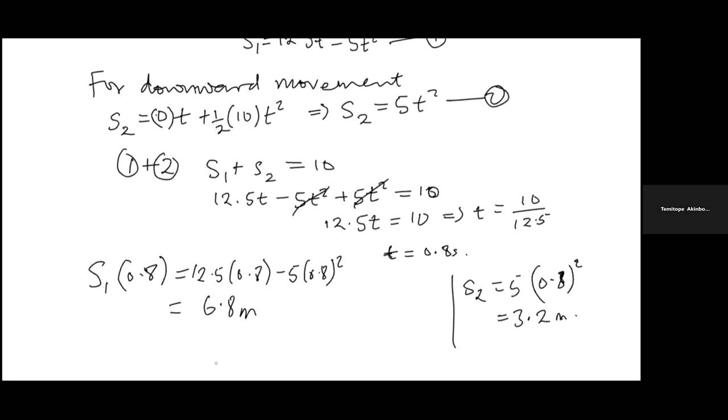Can you see that now? But if you look at that question ordinarily, you will want to make some assumption that may not be true. The object that is coming down, coming in favor of gravity, you expect that one to move faster, isn't it? But you can see from this calculation now, it's not so.